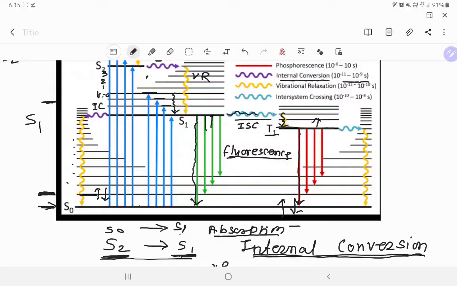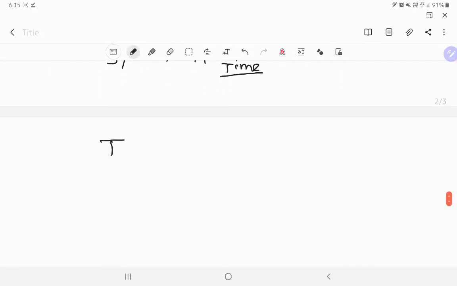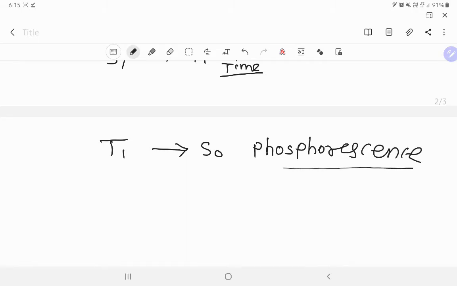Again it requires time. This emission is a radiative transition from the higher triplet T1 to S0, and it is called phosphorescence because it requires time.